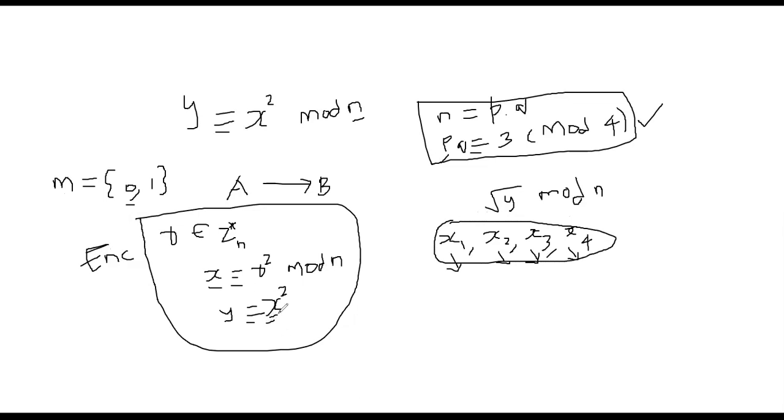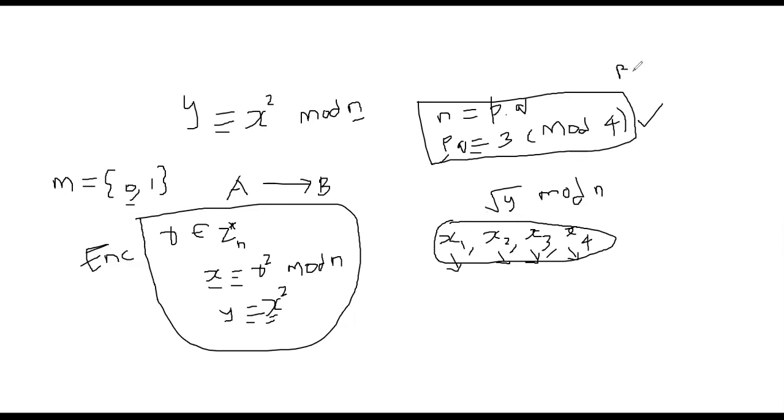She's sending x square mod n, which is y, and Bob takes the y and reconstructs 4 possible x's. Out of those 4 possible x's, he knows for sure only 1 can be possible, because that's how the Blum integers work.